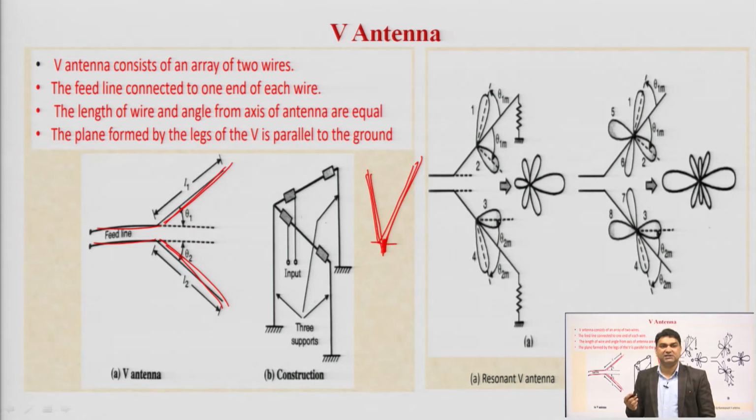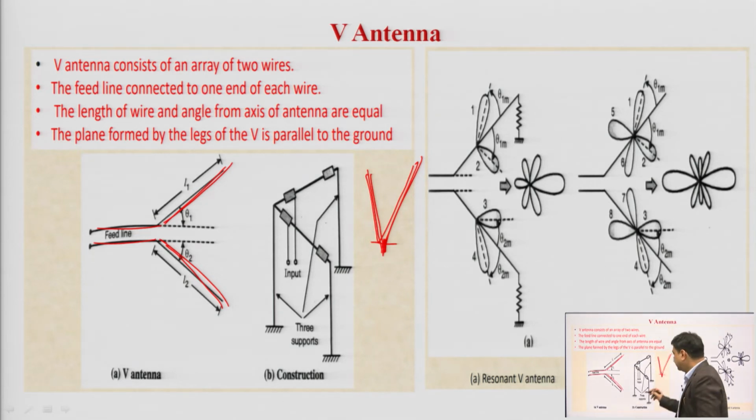A V antenna consists of an array of two wires. The feed line is connected to one end of each wire. The length of the wires and the angle from the axis of the antenna are equal, and the plane formed by the legs of the V is parallel to the ground.